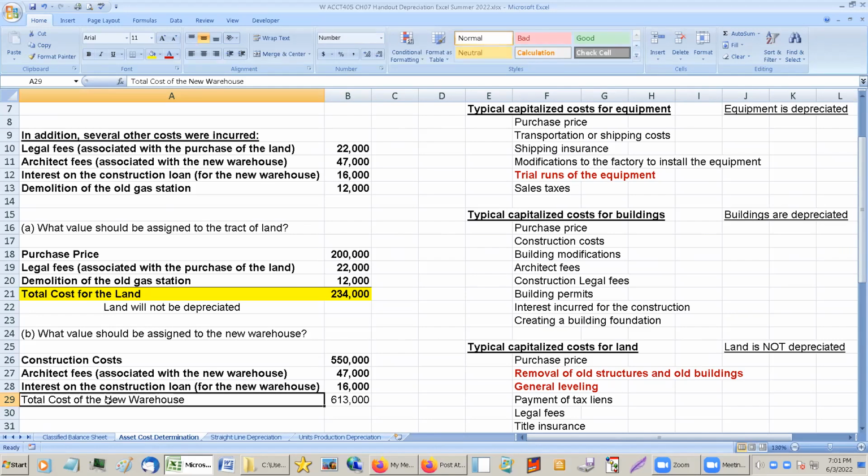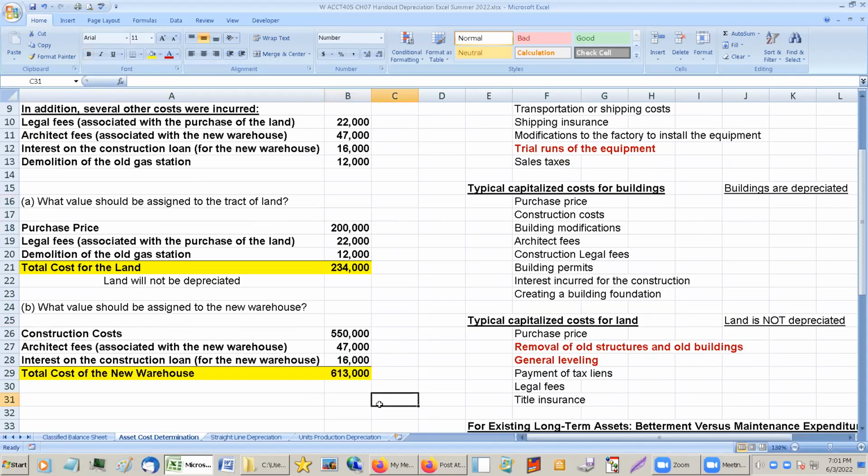So the total cost of the new warehouse will be that. And the warehouse will be depreciated.